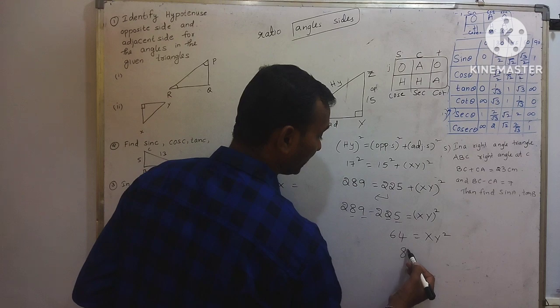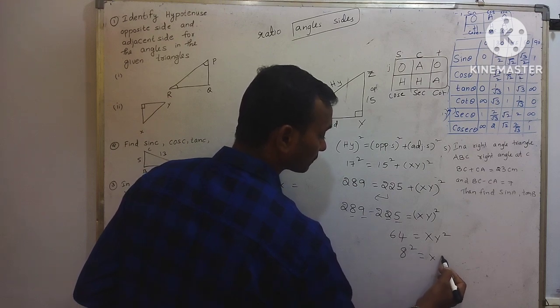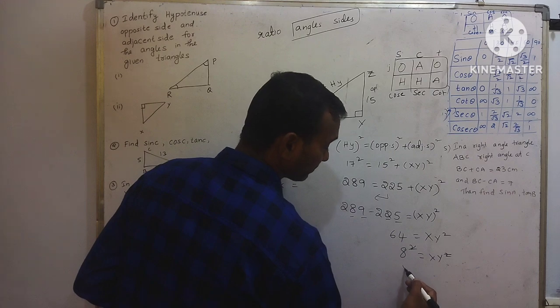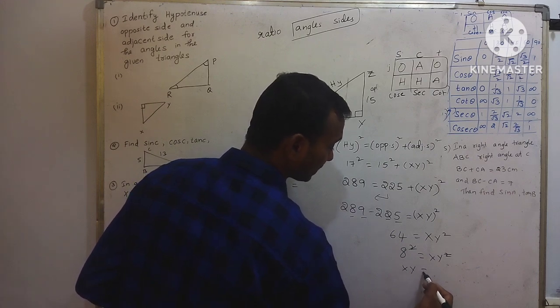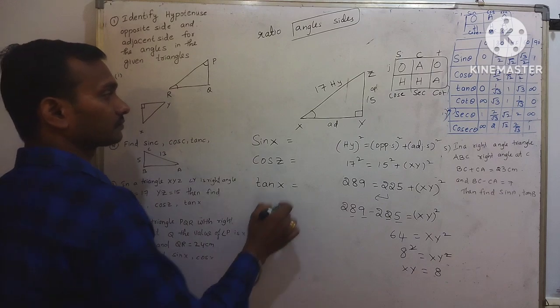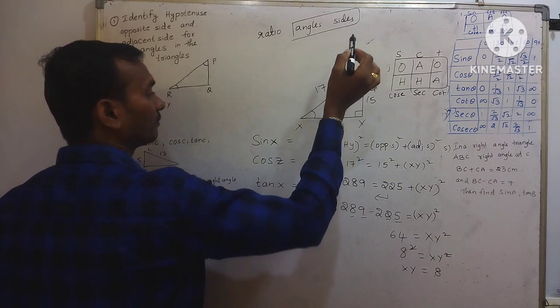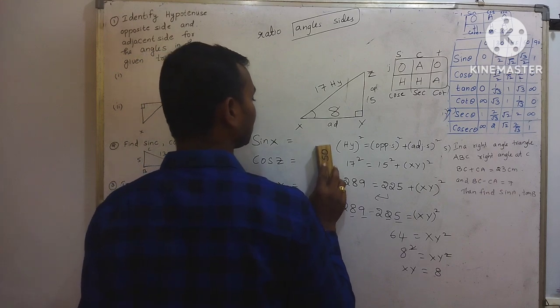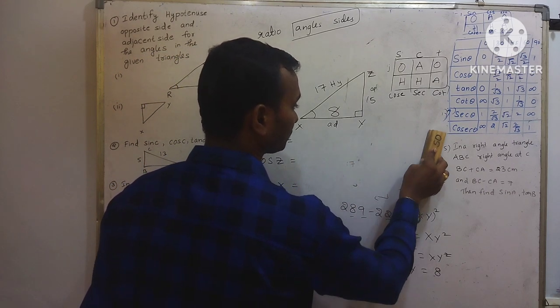This is nothing but 8 square. Square cancels on both sides. That is XY is equal to 8. After that, we calculated the adjacent side also. Now we will write sin X, cos Z, tan X.